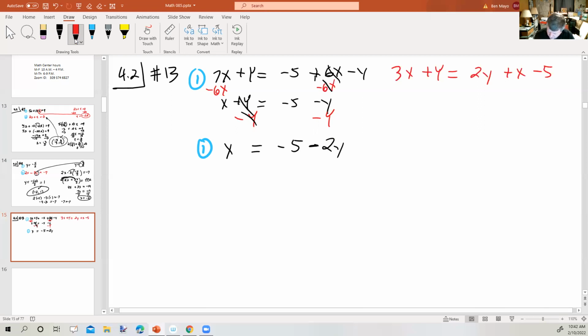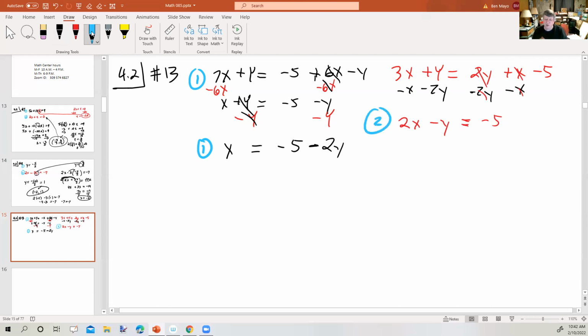I'm going to put all the variables on one side and a constant on the other. So I'm going to subtract 2y from both sides, and I'm going to subtract x from both sides. So I'm going to get 2x minus y equals -5. Okay, so that's going to be my equation 2.